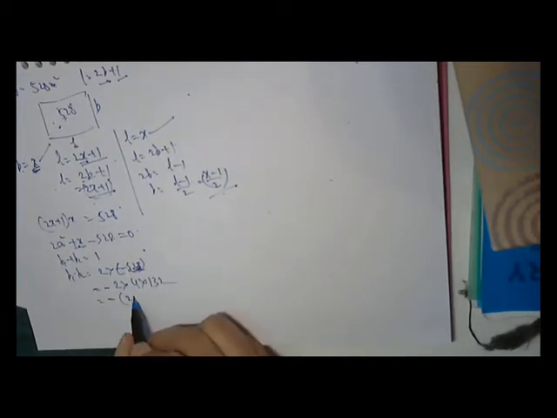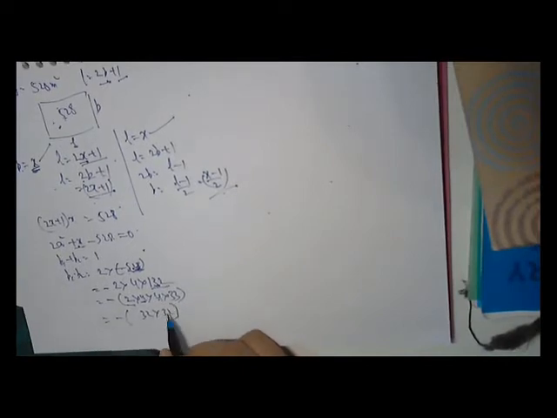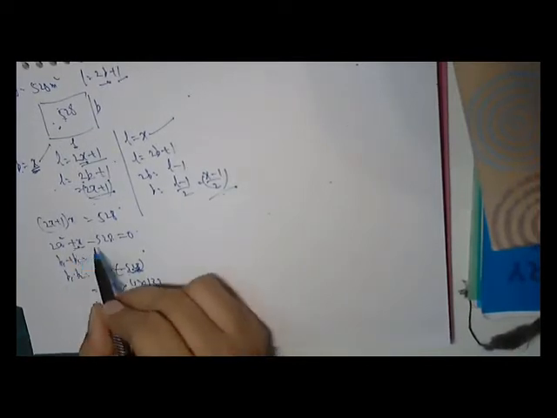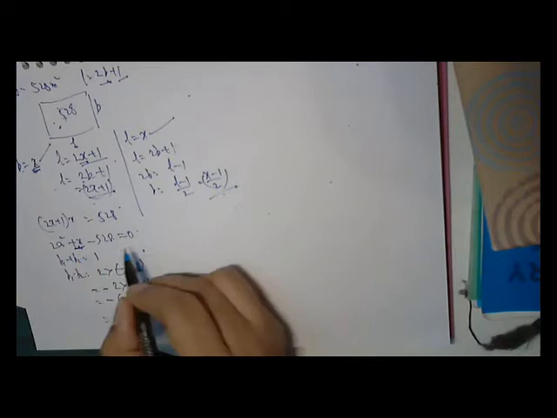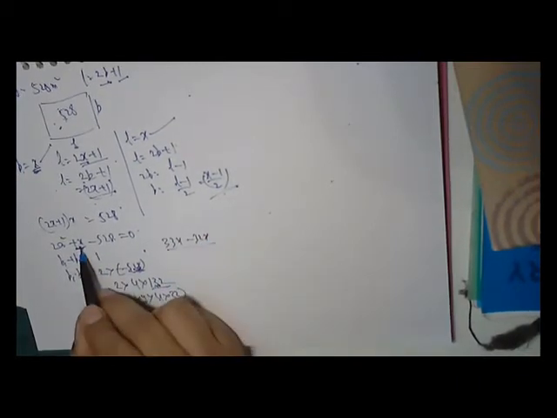Minus of 2 into 4 into 1, the 12 is again divisible by 4. 4 threes are 12. Now you see, 2 fours are 8, 8 fours are 32. 32 into 33. So I want plus 1. So I am splitting this into 33x minus 32x. 33x minus 32x is 1x.